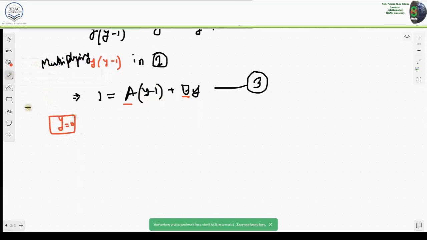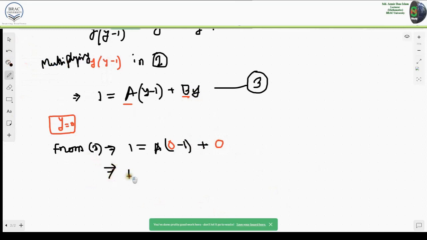So from equation 3 I can write 1 equal to a times 0 negative 1, that means 0 negative 1, plus b times 0, that means it will be 0.